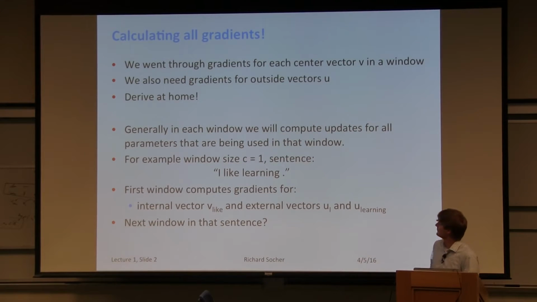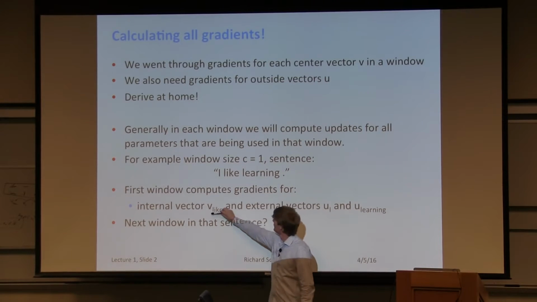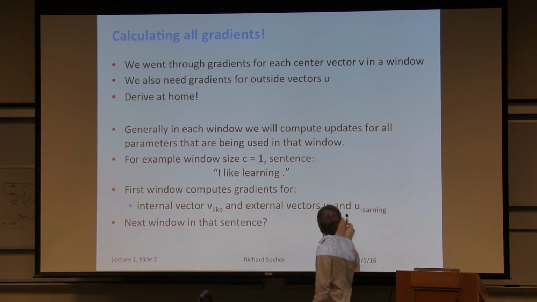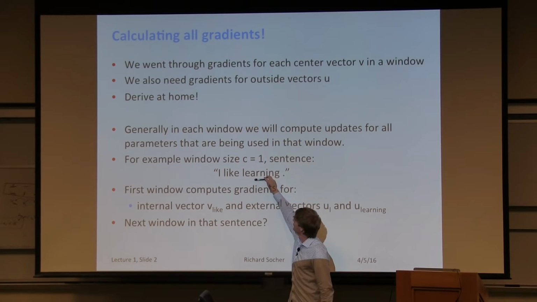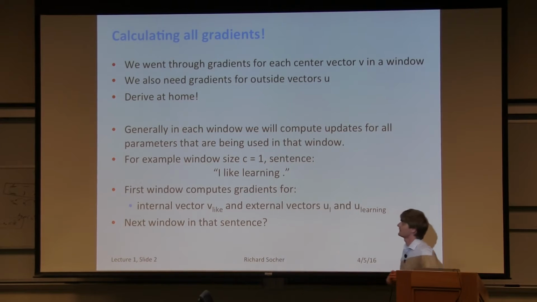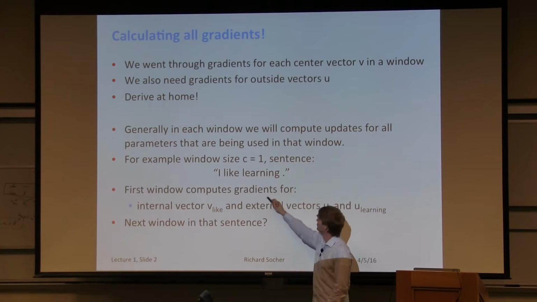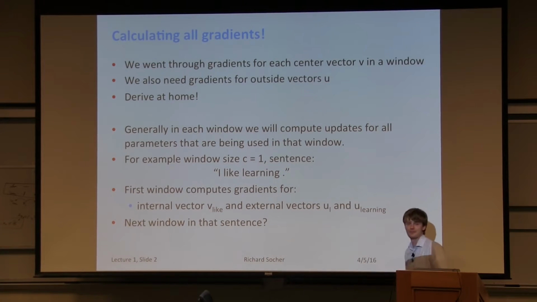So if we had, for instance, a simple sentence here, and we had our external vectors u_I and u_learning, and we move over one, now learning will be the inside vector, so we'll compute v_learning and u_like, right? So they switch.